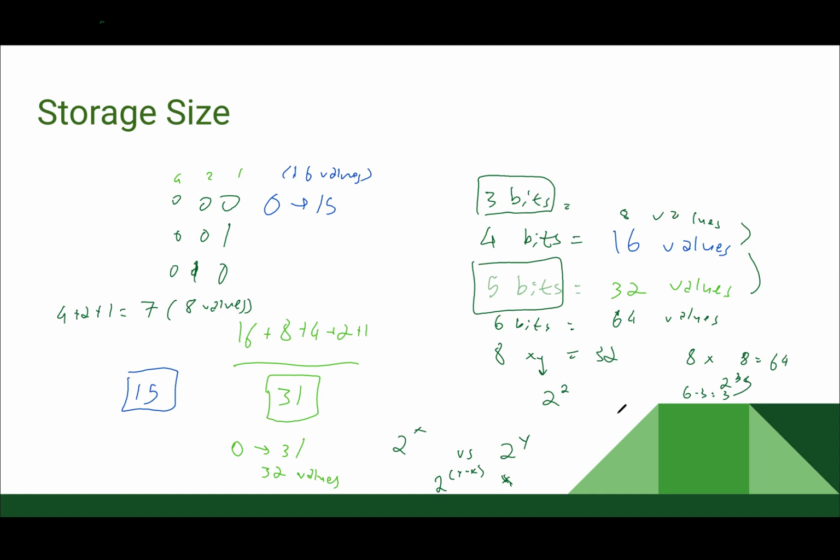So our total difference is always, if y is bigger, assume y greater than x, the difference between them is always going to be 2 to the power of y minus x times as many values.